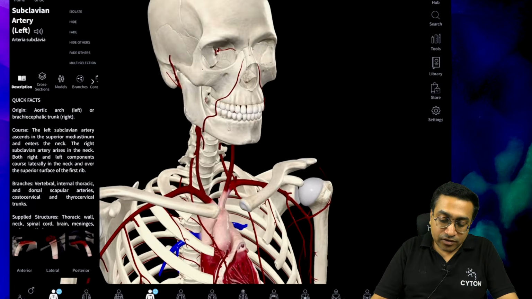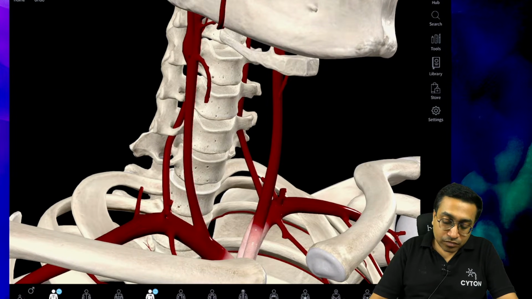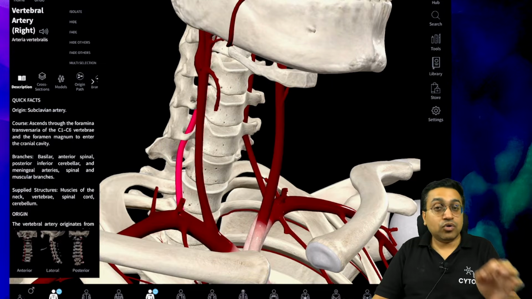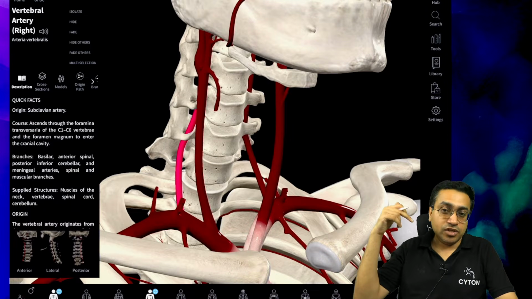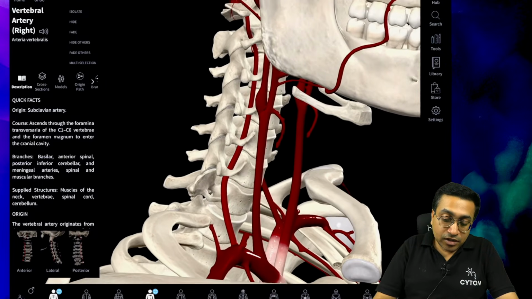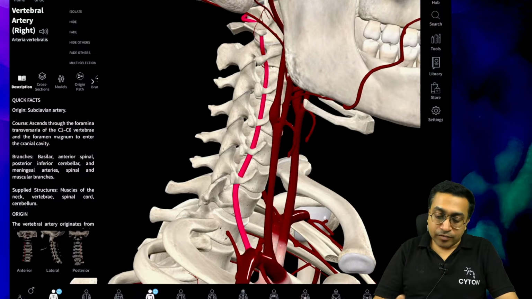And another vessel which you can see very clearly here, that is the vertebral artery. Now vertebral artery and the common carotid, they both are the only major supply to the head and neck region. Okay, this vertebral artery is running inside the foramen transversarium of the cervical vertebrae, that we will discuss eventually in detail in head and neck region.